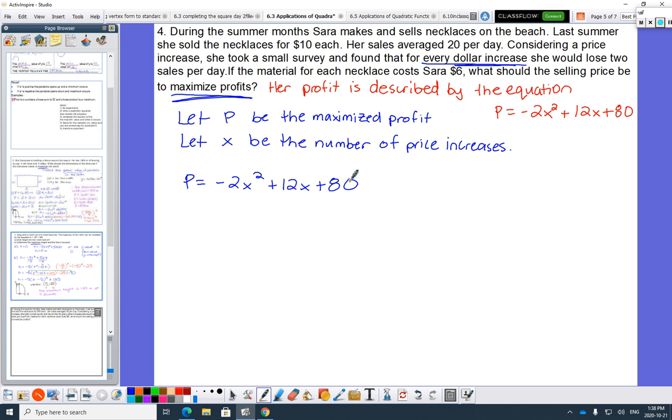We just have to remember to collect like terms, okay? So you do the same thing, common factor the A value first. Again, when we get a final X value, it should be positive. We don't want to decrease the price. That's not what she's trying to do here. She's trying to make more money.